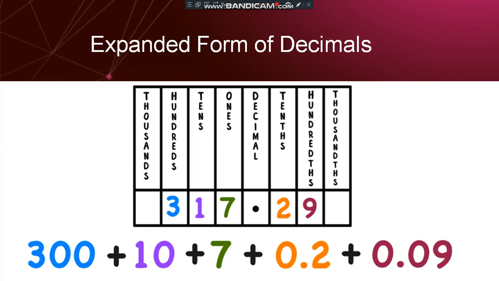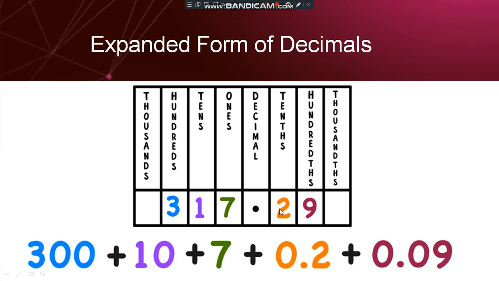Let's see the expanded form of decimals. We all know how to write expanded form and short form of normal numbers. It is somewhat similar to that. The number given here is 317.29. Am I right? It's read as 317.29. So 3 is at hundreds place, so it is 300. 1 is at tens place, so it is 10. 7 is at ones place, so it's 7.